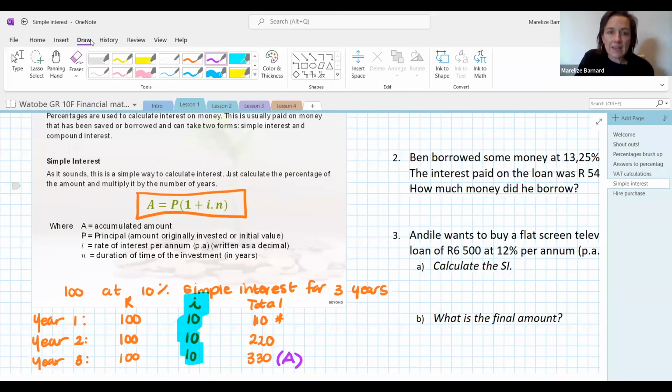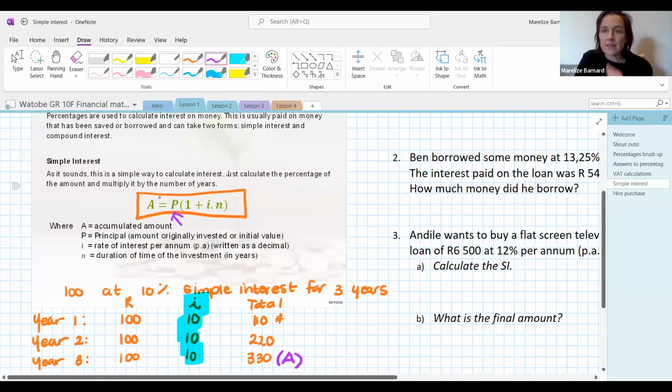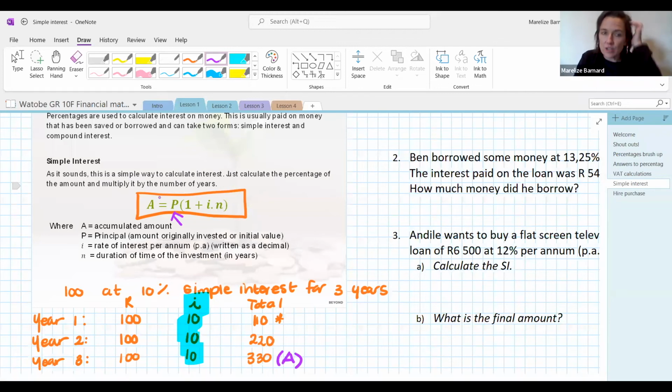Then P is what you start with. That is how much money you put away. So that is the principal amount, the initial value that you put away. And then i is the interest rate, and n is the duration of your investment. So for us, n would have been 3 years, i would have been 10%, and P would have been 100.